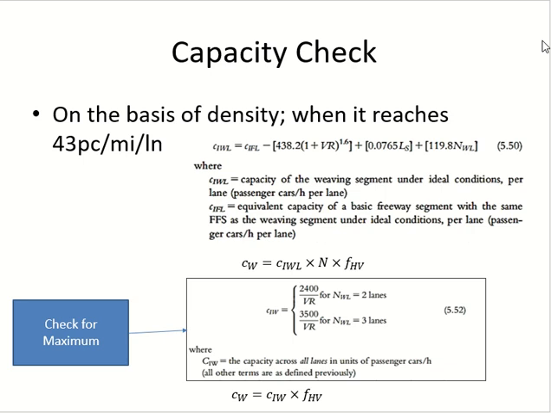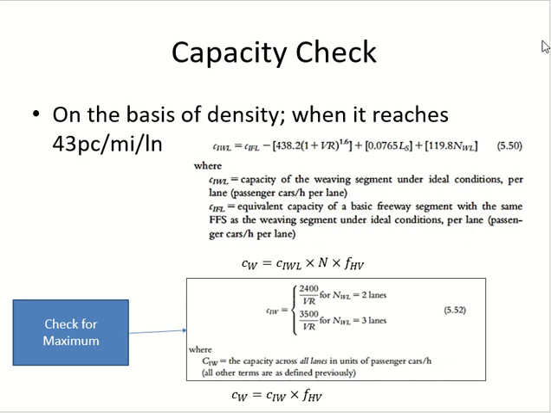This is the maximum for the total ideal capacity with two weaving lanes. If you have three weaving lanes, total ideal capacity equals this. So this or this.